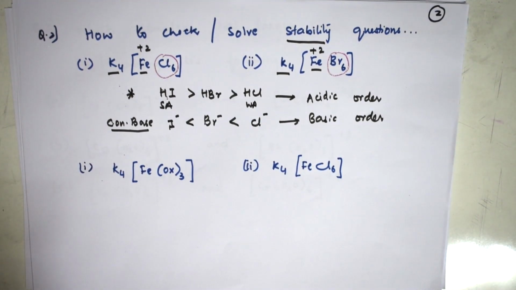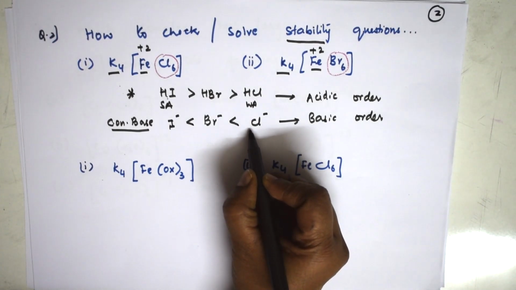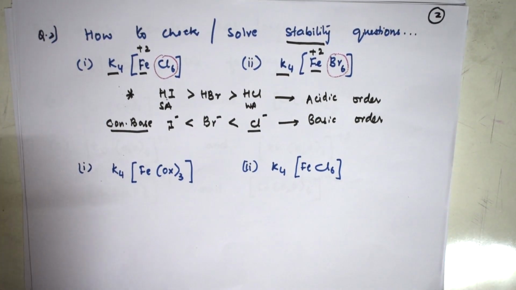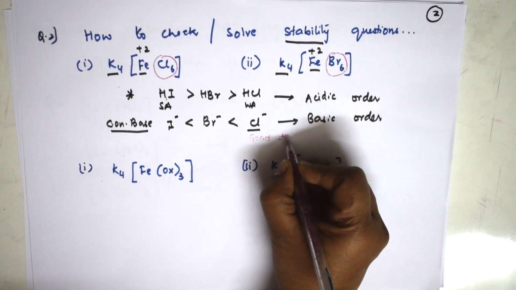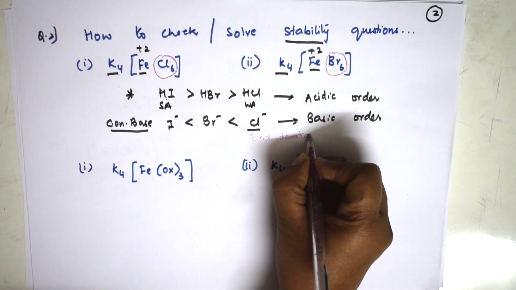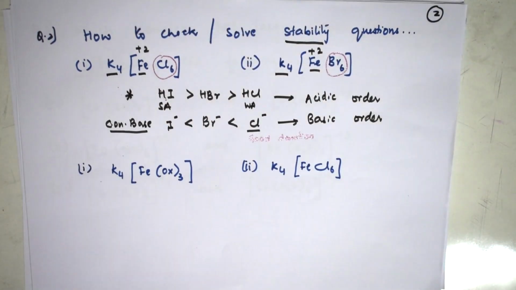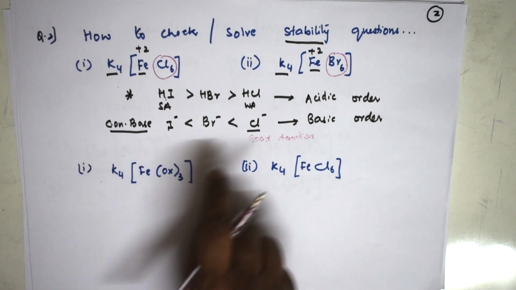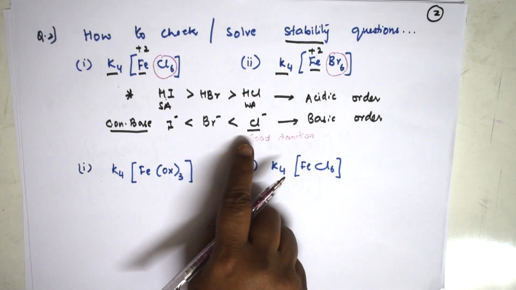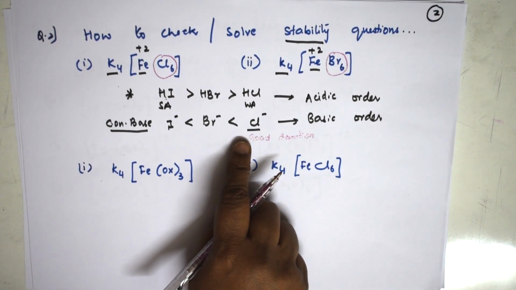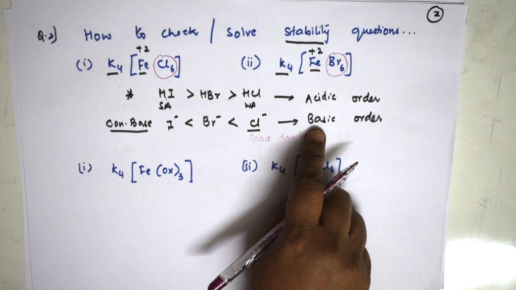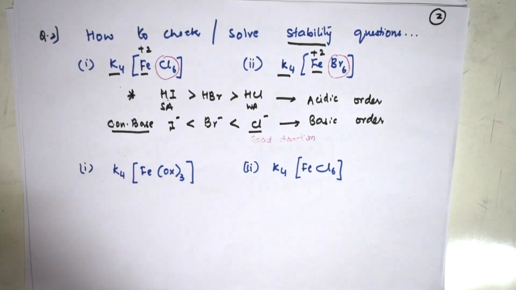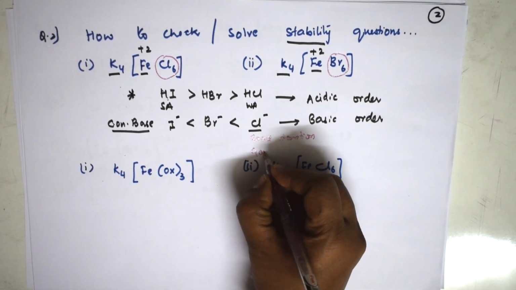This is clear. Now, if it is a weak base, what is the concept you need to remember? It can have good donation. It can easily donate, correct? That means the donation part is easy. If it is easier, again I said, the one which has good donation, means basic nature, can have or will have good stability.